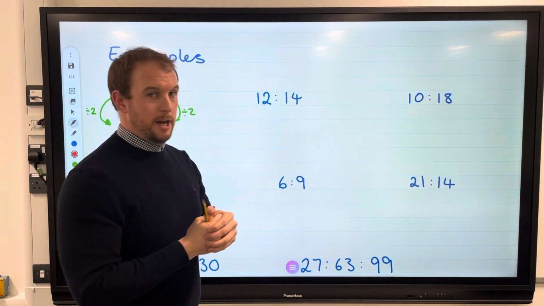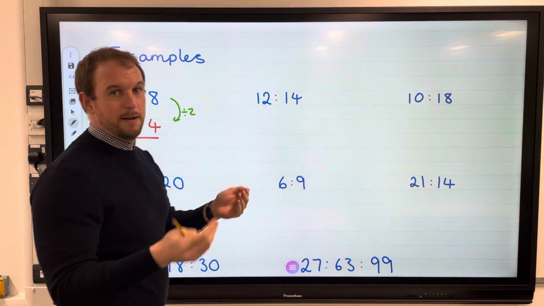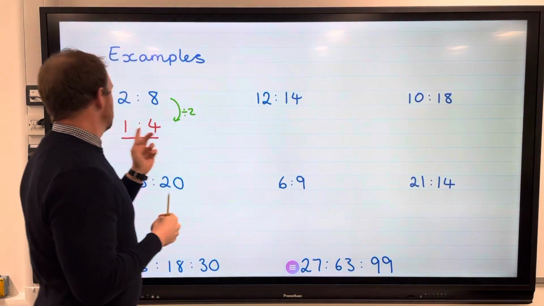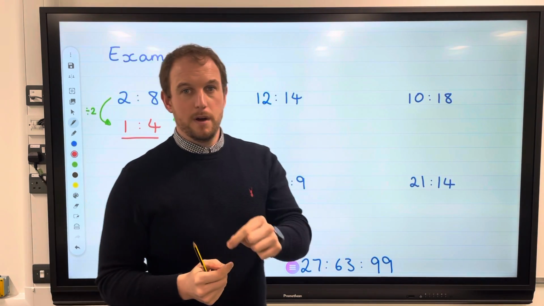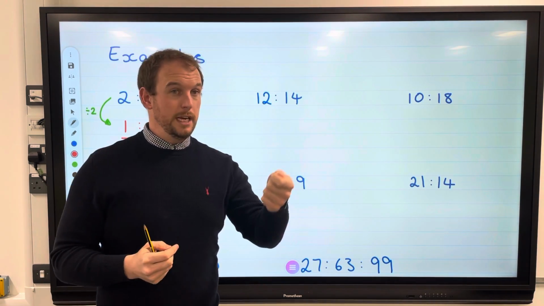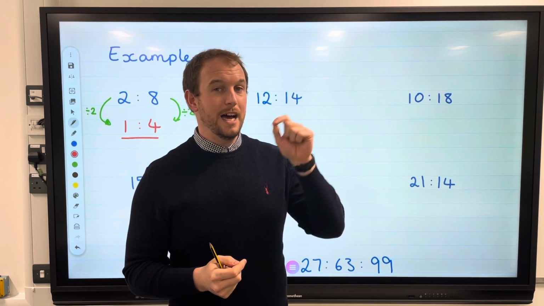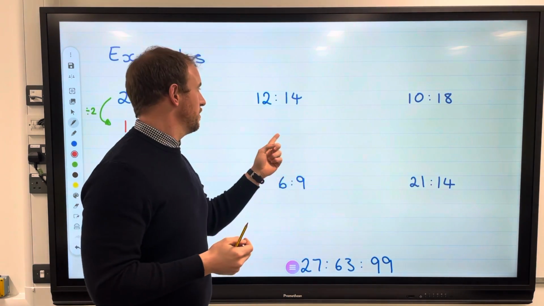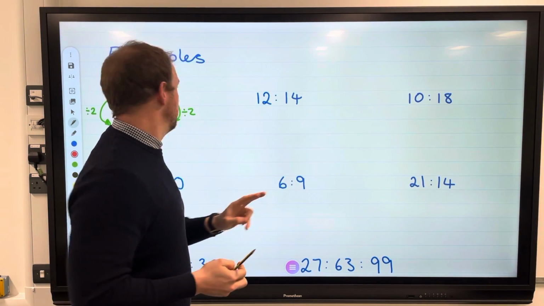Over here now, I've got 12 to 14. I want to simplify it. Now this one is not going to be a 1 to something. Let's think of a number that goes into 14 and 12, which is a factor of them, but it's the highest common factor of both of them. Well, the highest common factor of 12 and 14 is 2.